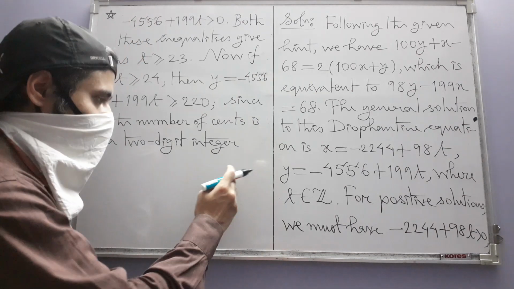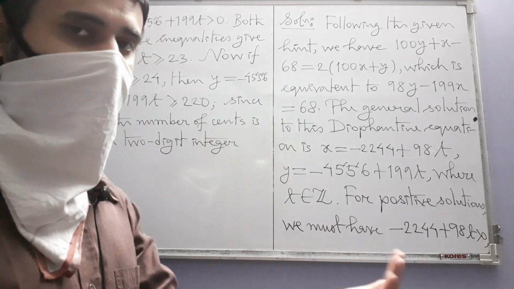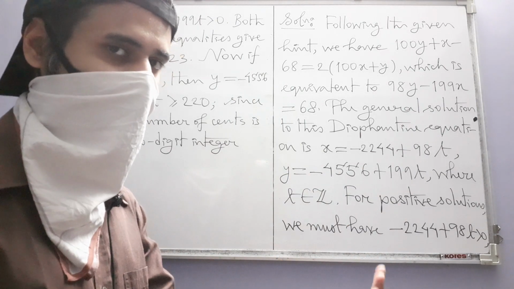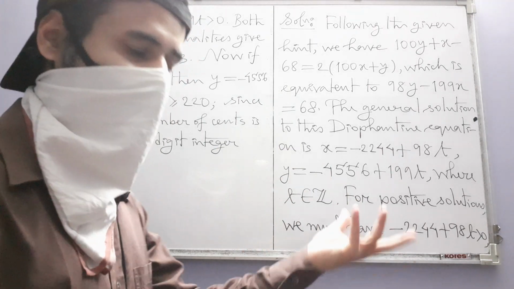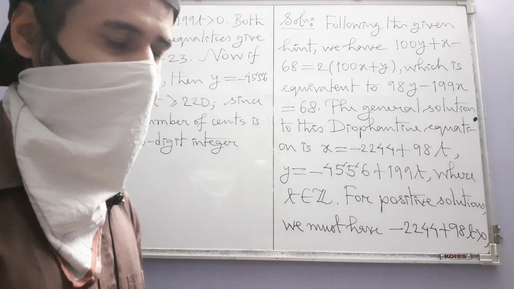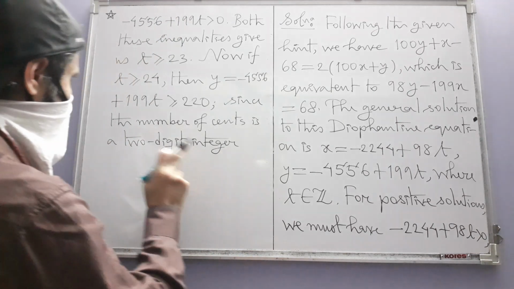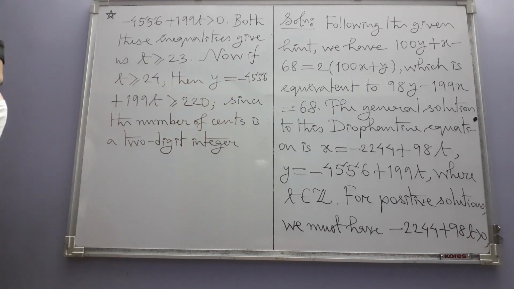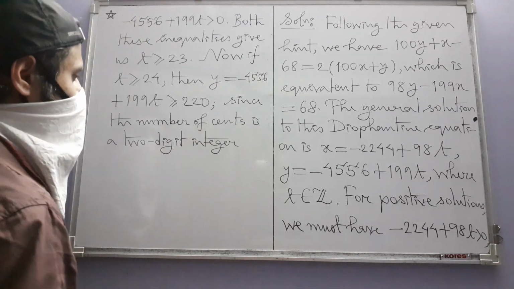Because if it exceeds 2 digits, then you take out $1 or however many dollars there are in that number of cents and add that to the number of dollars, and the leftover then becomes the number of cents. So that is why it has to be a 2-digit integer, whereas when t is at least 24, this becomes greater than or equal to 220. So in that case, it cannot be a 2-digit integer.